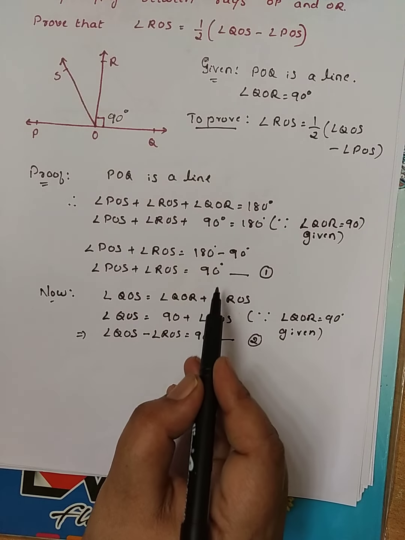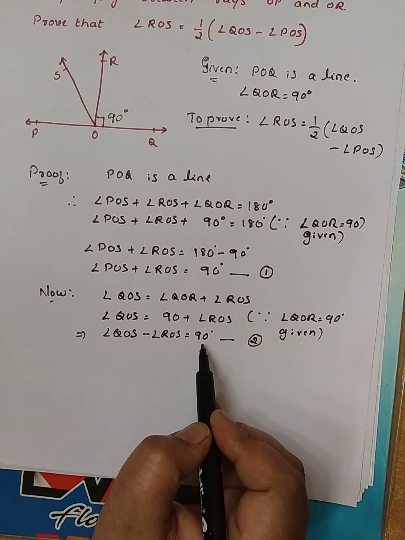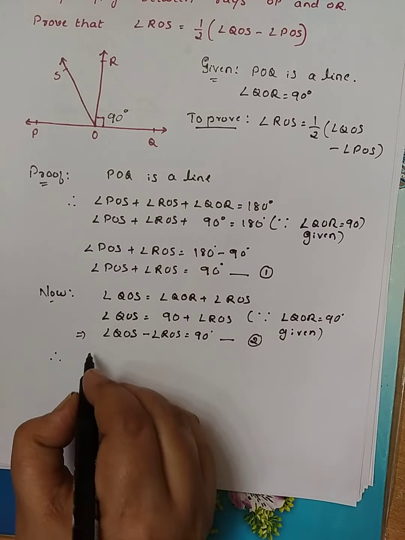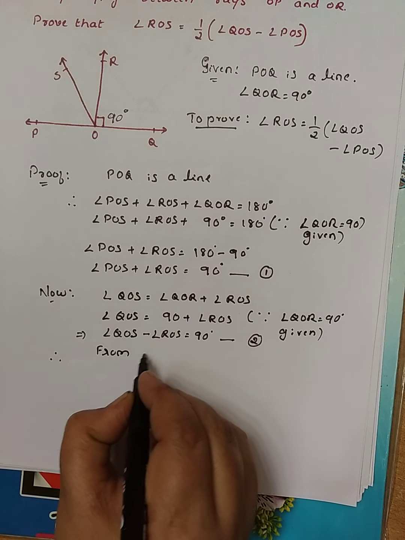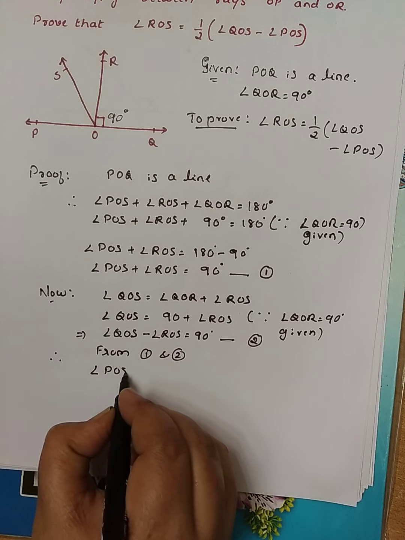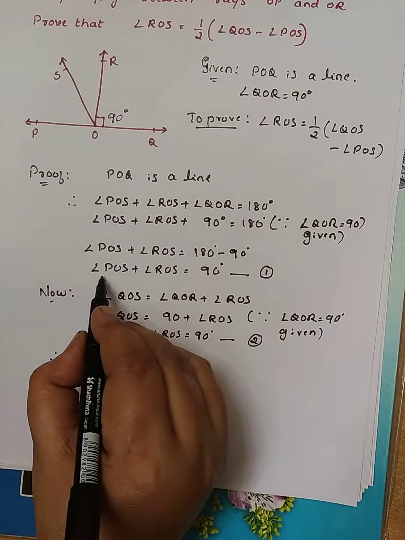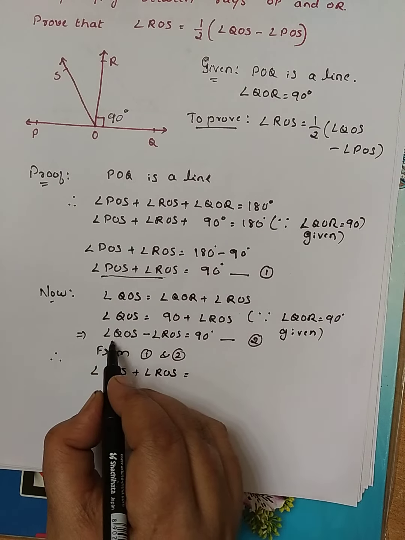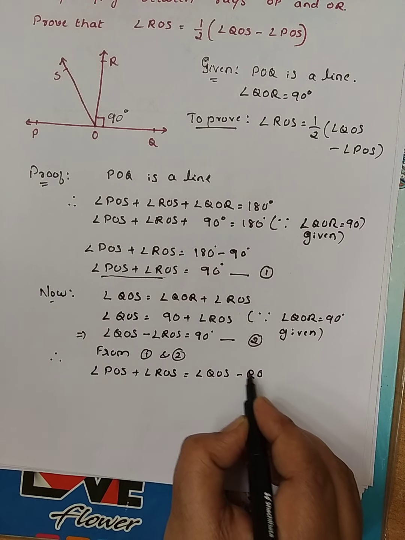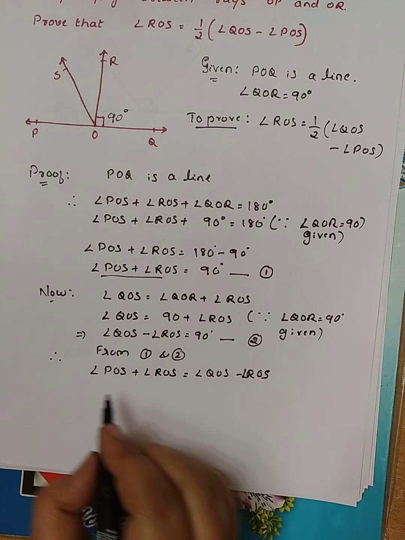See here, in both equation 1 and 2 the LHS is equated to 90 degrees. Therefore, we will equate the LHS. From 1 and 2, angle POS plus angle ROS equals angle QOS minus angle ROS. Now simplify this.